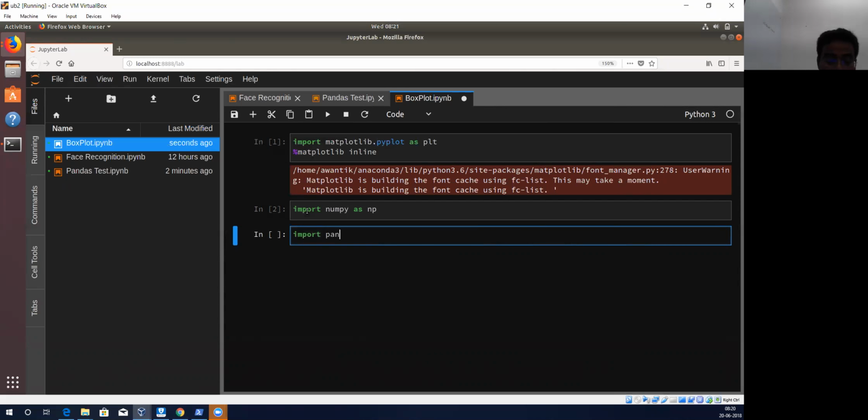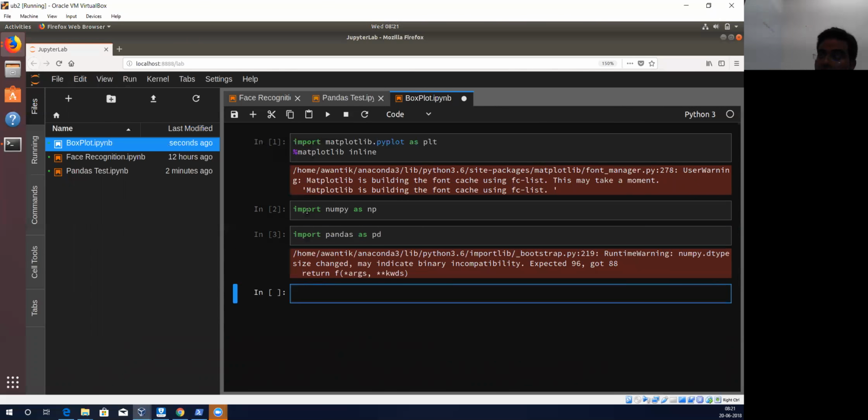Import pandas as pd, import numpy as np. Random integers 1 to 10, generate 100 numbers. Okay, this is one data.